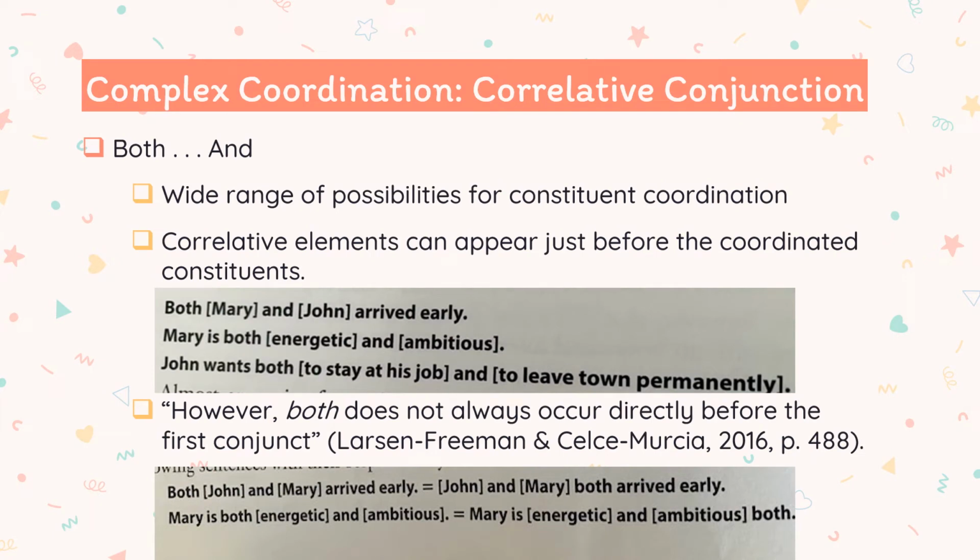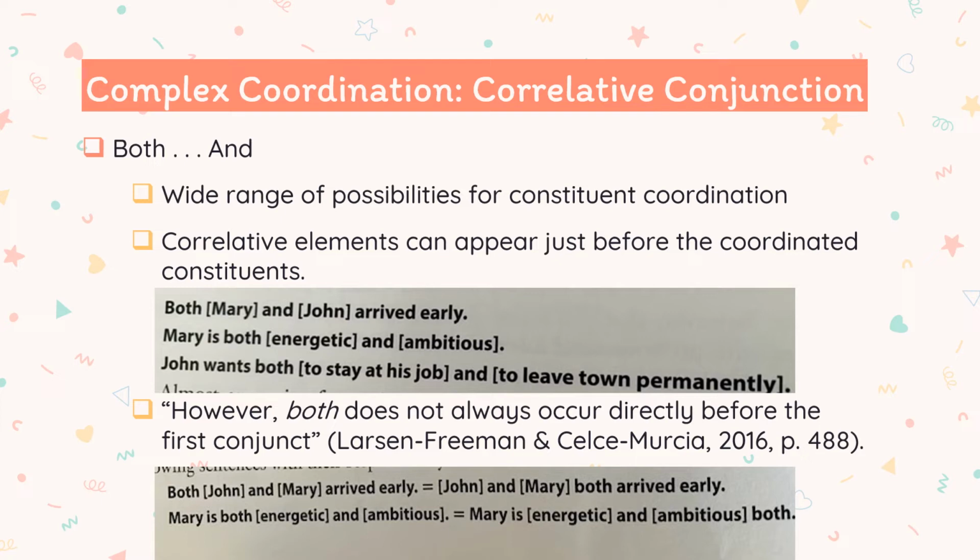So we're just going to break this down by the different kinds of complex coordination. The first one is both...and. A wide range of possibilities for constituent coordination exist. Correlative elements can appear just before the coordinated constituents.